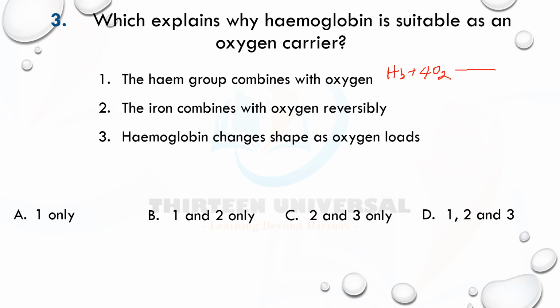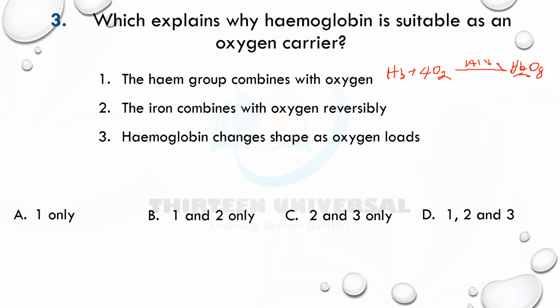So when this happens, the forward reaction, we have this compound. Now tell me, what's the name of this HbO8? This is oxyhemoglobin. This happens in the alveoli, where oxygen combines with hemoglobin.